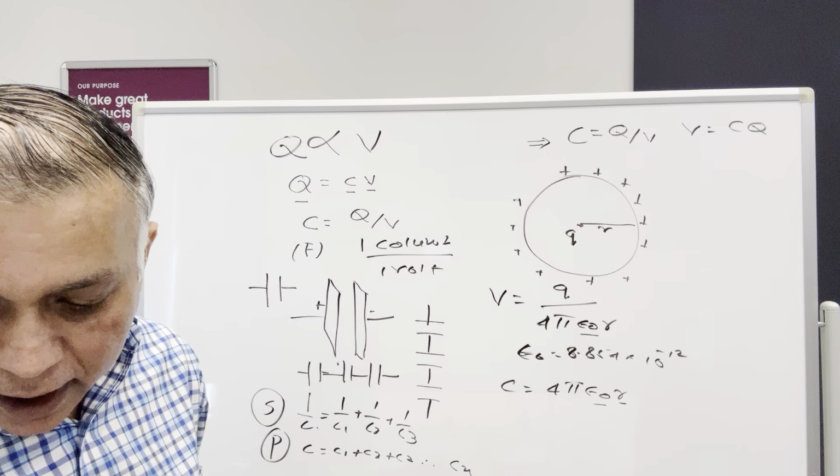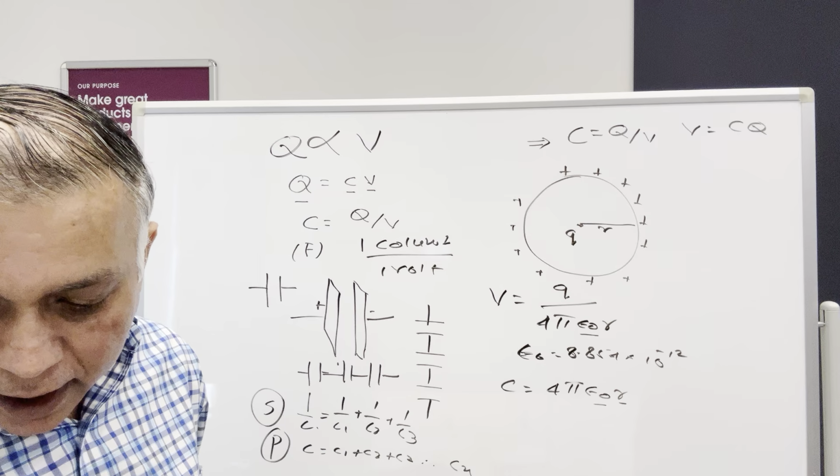So the formula for the voltage V is equal to Q over 4 pi epsilon 0 R. Now epsilon 0 is the permittivity of free space, and the value of epsilon 0 is 8.854 times 10 raised to minus 12, something again to note. Now V is equal to Q over C, right?